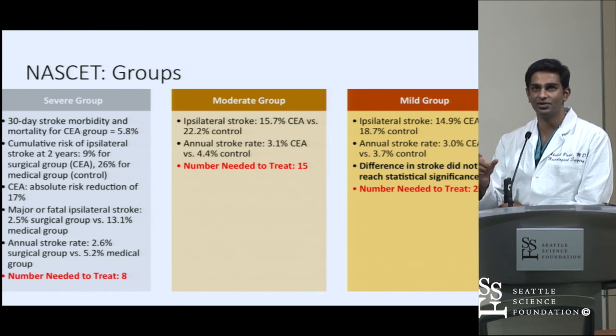And then really the only big value you get is in those patients who have greater than 70% stenosis. The number needed to treat is 8. It's not a low number needed to treat, but I think people were using that as the first set of data to really validate the use of carotid endarterectomy as opposed to best medical therapy. The absolute risk reduction is slightly higher, 17%, for that severe group.